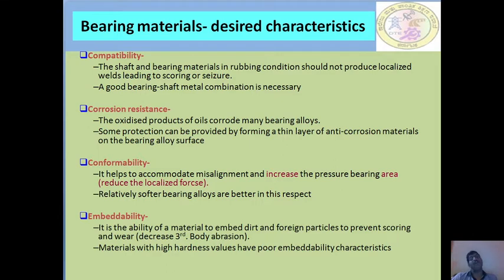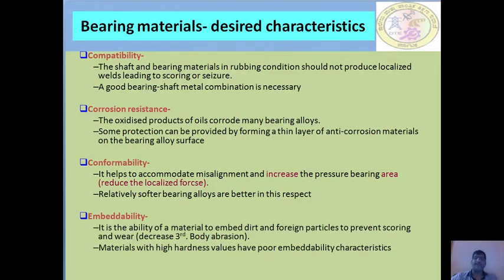What are the different types of materials we are going to use? Both materials, shaft as well as bearing, and the corrosion resistance. The oxidized products of oils corrode many bearing alloys, because whatever lubricants we use should be free from corrosion and free from oxidizing products of shaft as well as the bearing.